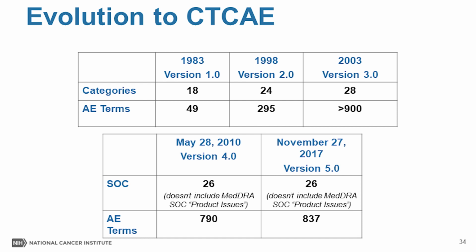You'll notice that the current version, 5.0, has 837 adverse event terms. And as you saw in a couple of slides previously, the MedDRA lower level terms, there were almost 88,000. So these are certainly subsets of what is commonly seen in oncology research.